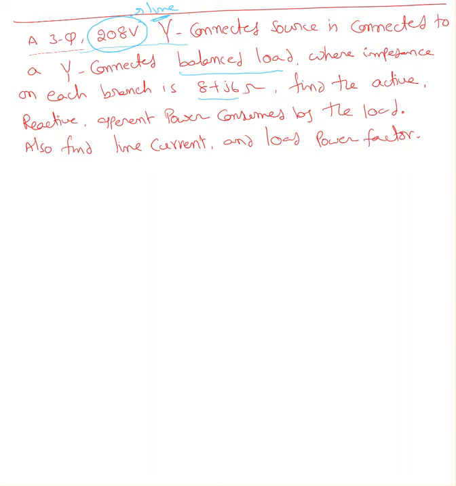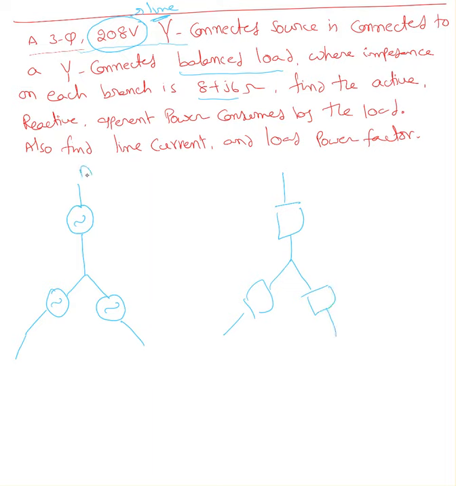I always prefer to draw the circuit diagram, and I always follow positive phase sequence. Those things usually aren't mentioned in the question. So here is a YY connection, or star-star connection. On the source side I always use capital letters, and on the load side I use small letters, A, B, C. I'm using positive phase sequence, so always walk in the clockwise direction.